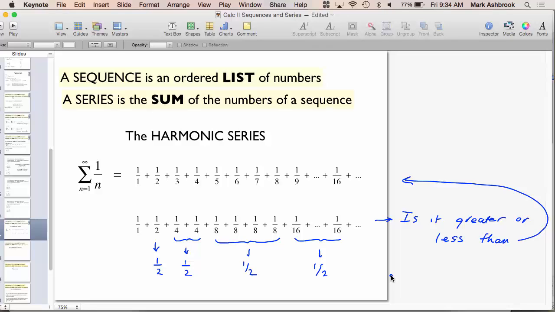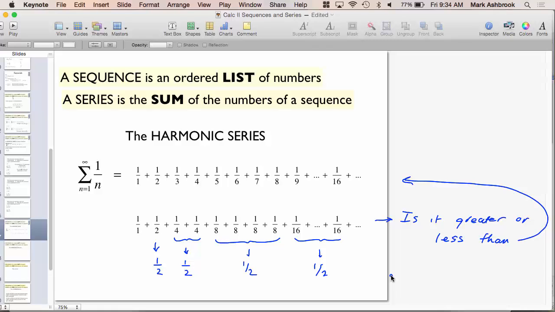So what I'm showing you in that second series is that I'll take the next 16 terms, 1 over 32, and that will be 1/2. Will I ever run out of terms? I'll never run out. So I can always go far enough down the list and get a bunch of them to equal 1/2.